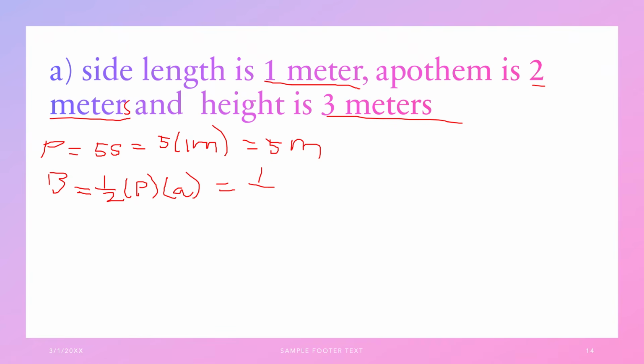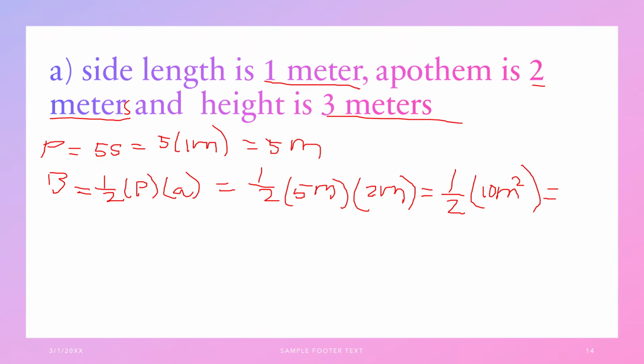So 1/2 times 5 meters times the apothem, which is 2 meters. That's equivalent to 1/2 times 10 square meters. 1/2 of 10 is 5. So the base is 5 square meters.